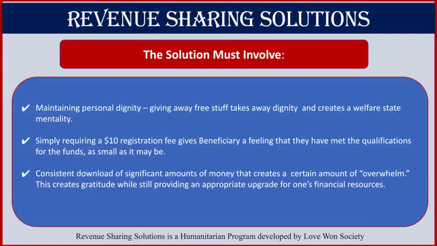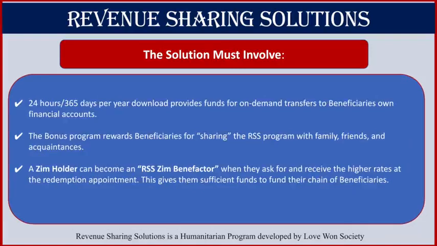And a consistent download of significant amounts of money creates a certain amount of abundance. This creates gratitude while still providing an appropriate upgrade for one's financial resources. We feel that if it's just enough to get by, that's not what our purpose is.